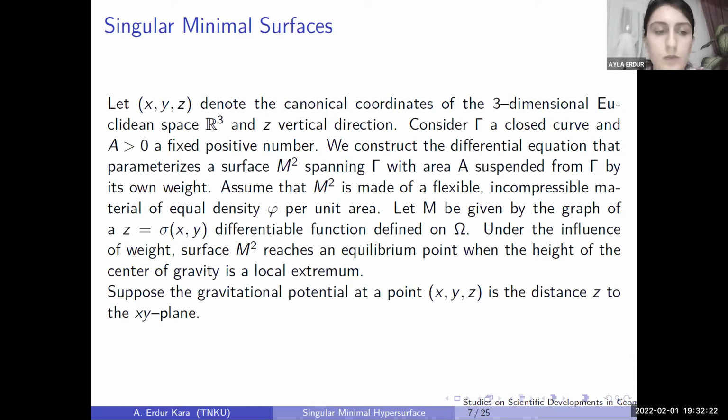Under the influence of weight, the surface M reaches an equilibrium point when the height of the center of gravity is a local extremum. Suppose the gravitational potential at a point (x, y, z) is the distance z to the xy plane.